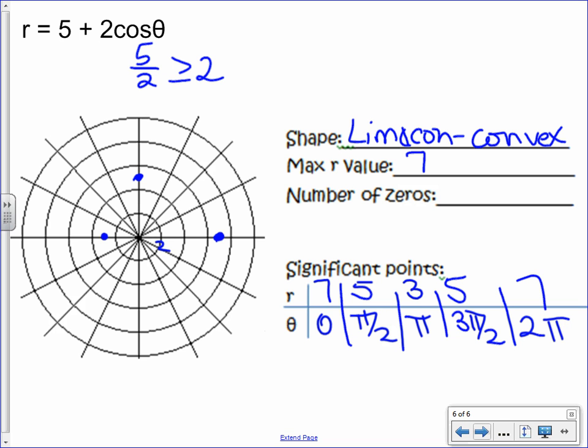And 2 pi gets us back to where we started. Okay? So remember, the convex just kind of looks like it's flattened. So we draw it kind of like it's being pushed right there.